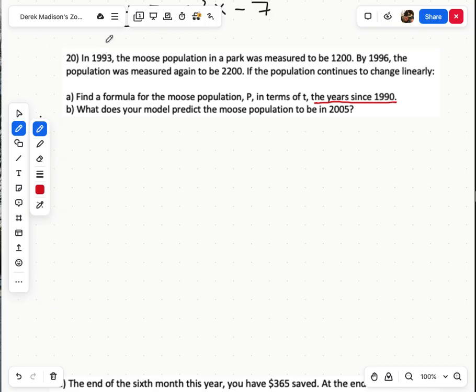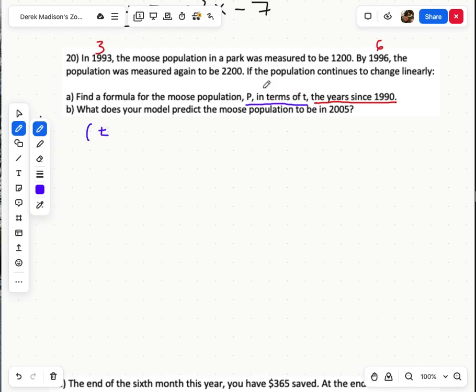So that means 1993 is going to be 3, and 1996 is going to be 6 when we go to set these up. So that's the first bit. And then the second thing is right here: P in terms of t. When they write "in terms of" a variable, that means that's your independent variable, or your input. And so t is going to be like our x.